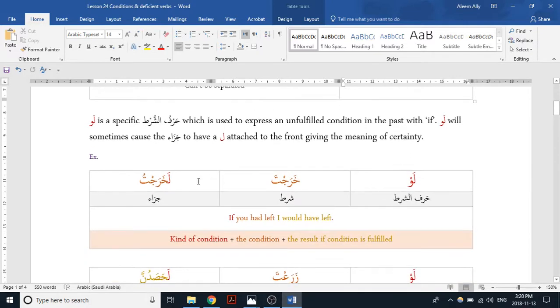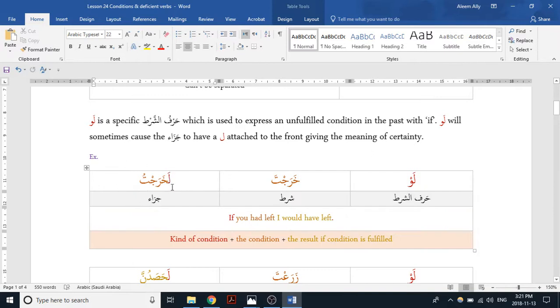لو خرجت لا خرجت. So this la here is added to the second verb, which is our jaza, the result, because of law. So law will act as a harfu shart. Kharajta, our first verb, will be our shart, our condition, and then la kharajtu will be our jaza, which is our result.